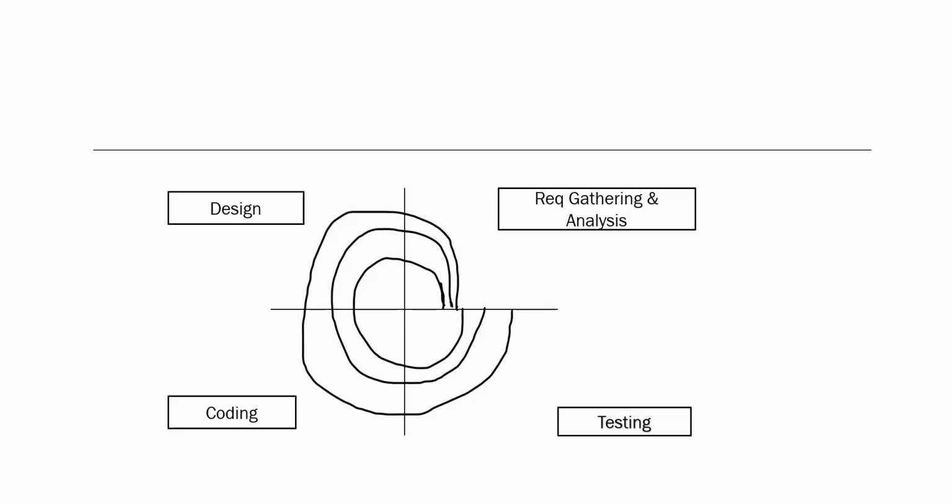Basically we use the spiral model for medium to high risk projects, in which cost and risk analysis is more important.